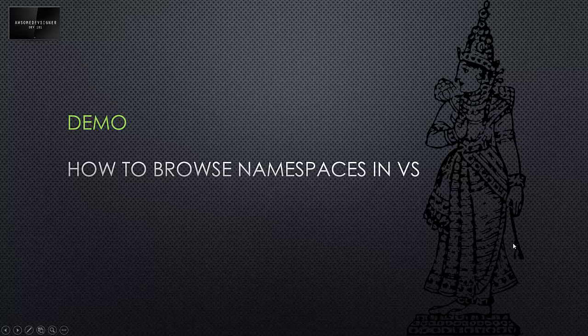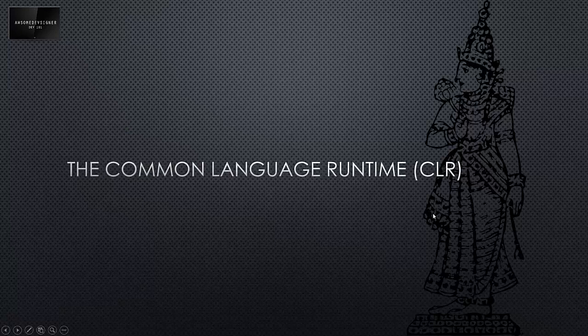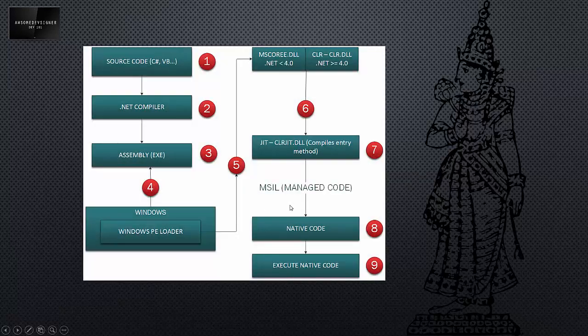Okay, now that you have seen how to browse namespaces in Visual Studio, the next point on our list, and this means diving deeper into the guts of .NET, is the Common Language Runtime. So before we do that, and before we jump into the Common Language Runtime, I will explain all these components to you.